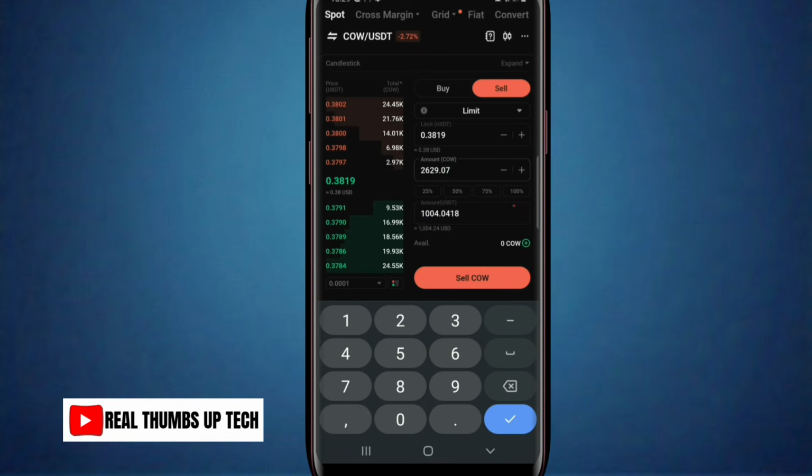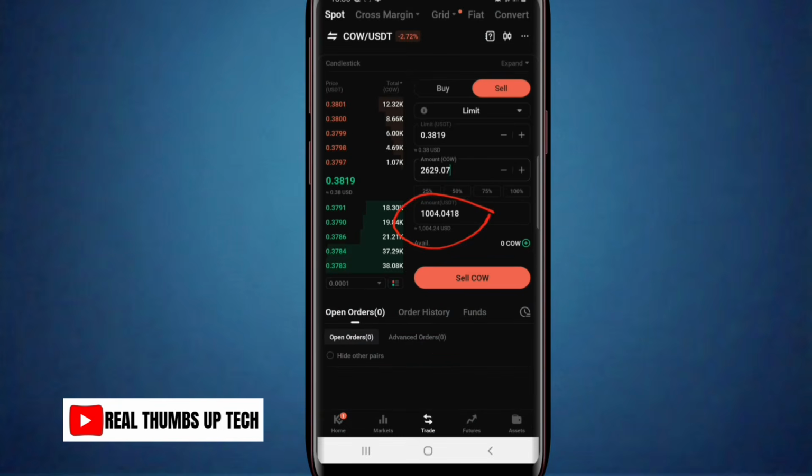Now you see we'll be getting around 1004 point something. So just around 4 USDT profit by using 1000 USDT. This is how these things work. So this implies that the higher the amount you use for this, the higher the profit.